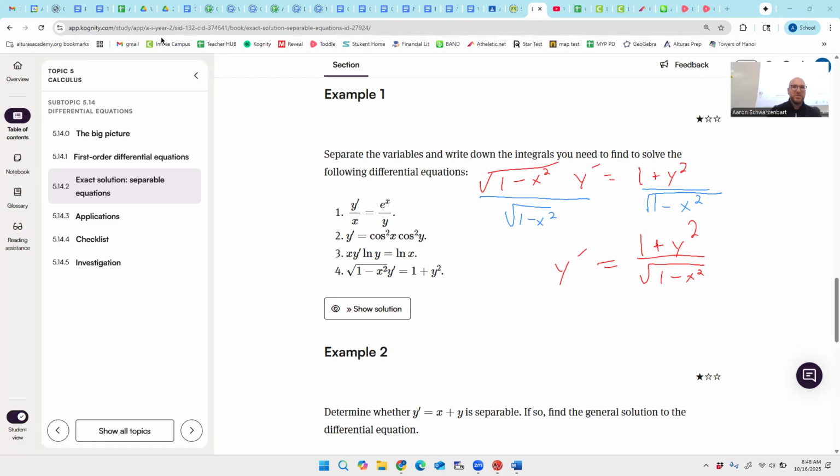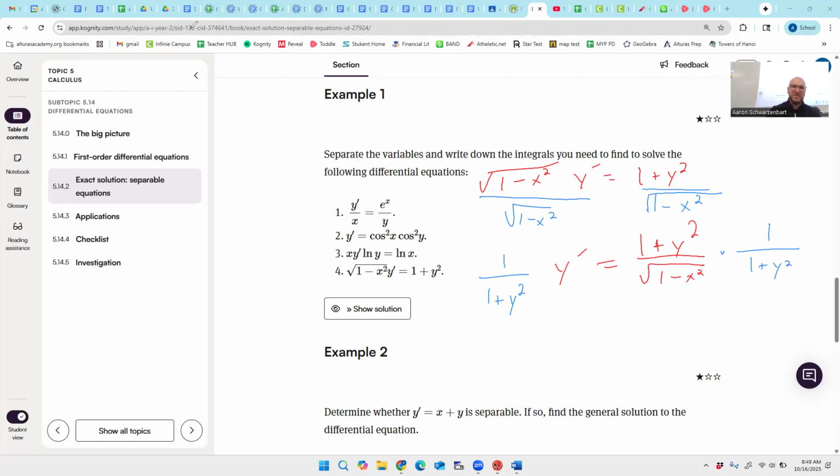Now I can't move just the y squared, but I can move a 1 plus y squared. And that's one of the tricks. Sometimes you can't move a y, but you can move a whole factor with other constants involved.